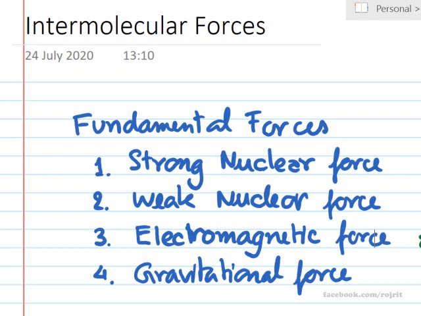When a force turns a turbine in a circular motion, you can create electricity out of that. So this is called the electromagnetic force, a force from electricity and magnetism.